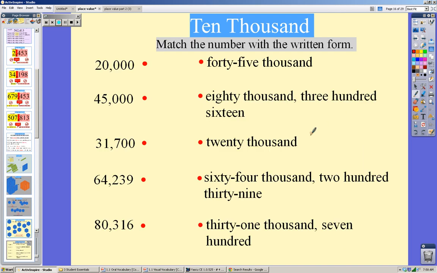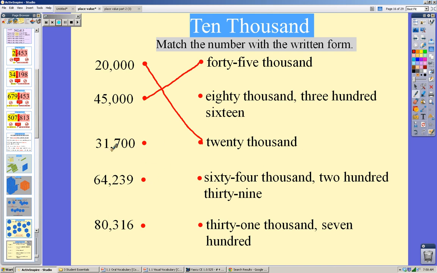Now let's see if we can match the right number with this written form. And that'll end this part of what I wanted to teach you today. So I have my lines that I can connect. So what is this number? Can you say it? That's right, it's 20,000. So I'm going to draw a line. What about this number? Yeah, that's right, it's 45,000. So we're going to draw a little line from the number to the word.